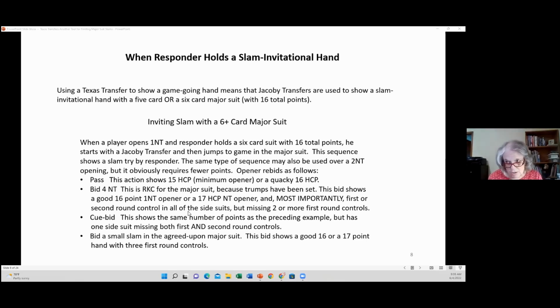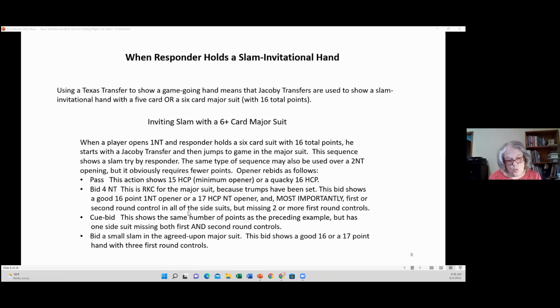You know that opener doesn't have a void, but if you have a worthless side suit or a silly side suit or whatever you want to call it, one without a control in it, then you don't use Blackwood in that instance either, simply because if partner shows you something less than all of the key cards or aces, you don't know which one he has.